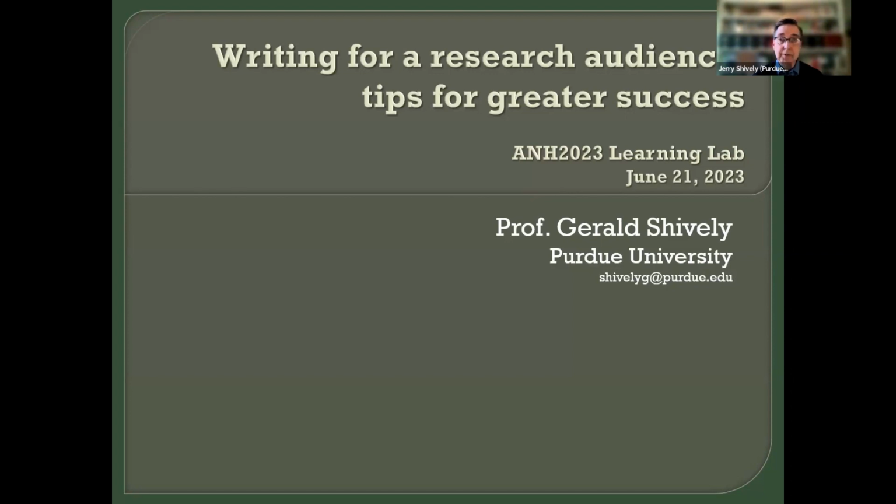The process of getting a paper accepted at a journal is the result of many, many small cumulative things, some of which are under your control and some of which are not under your control. And one of the things that I want to share with you today is some of the things that are under your control.